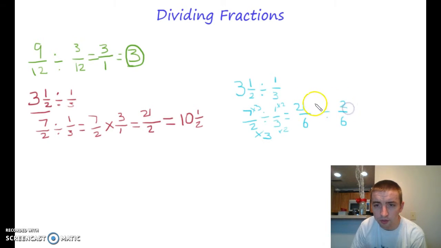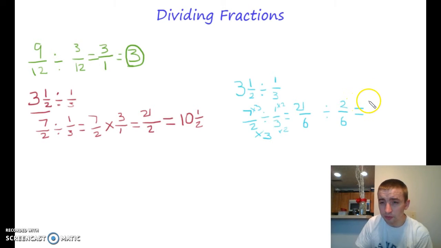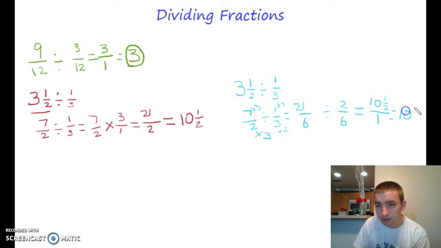So I'm going to do 21 sixths divided by 2 sixths. Which 21 divided by 2 is 10.5. And then 6 divided by 6 is 1. So my answer is 10 1/2, just like it was when I did my keep, switch, flip.